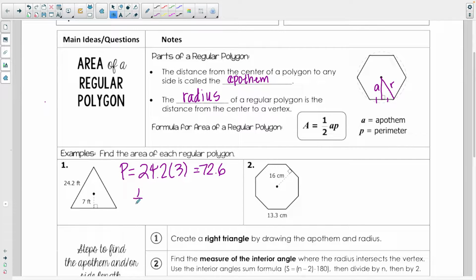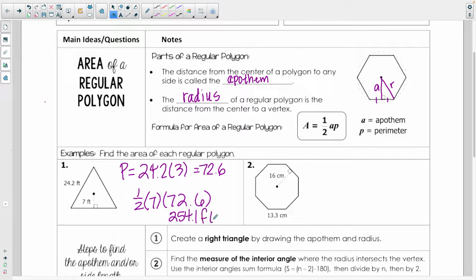So 1/2, apothem is 7, perimeter is 72.6. So 254.1.